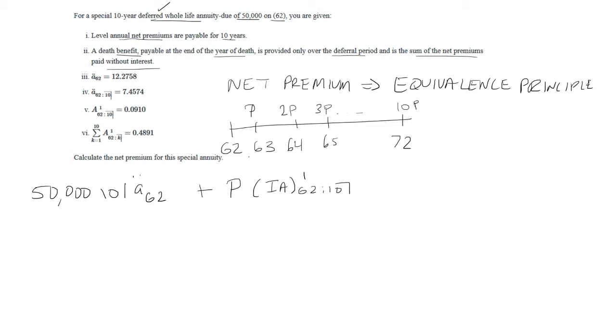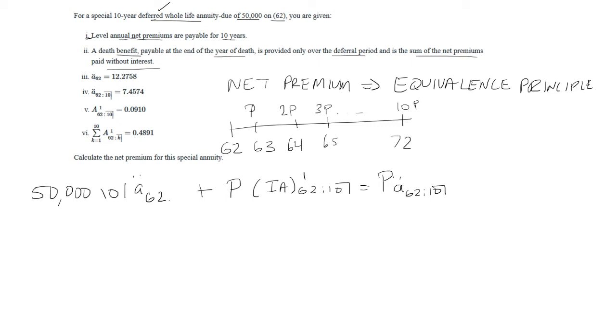Otherwise, it's not going to get the refund. Okay, and then we want to set this equal to the expected present value of the premiums. So here we have level annual net premiums that are payable during the deferral period, starting at age 62, going up to 10 years.